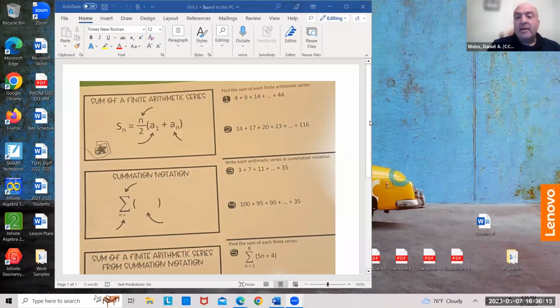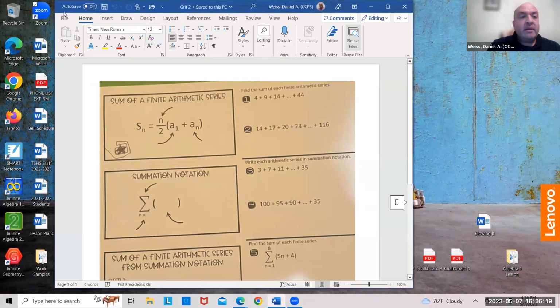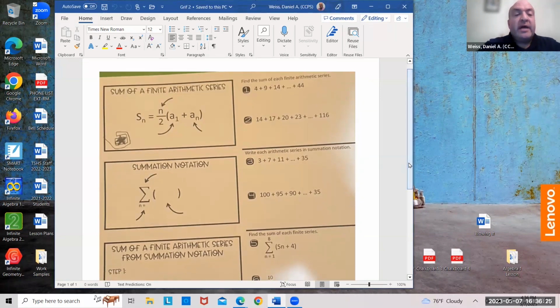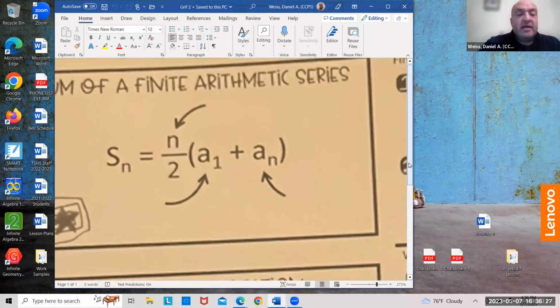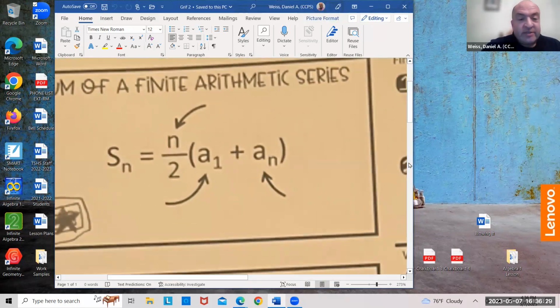So this is actually easy. You have that formula there, and we're going to use that formula. There is one other formula that you need.